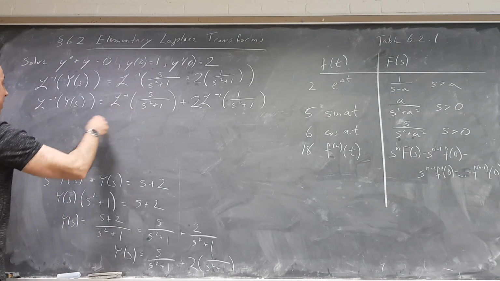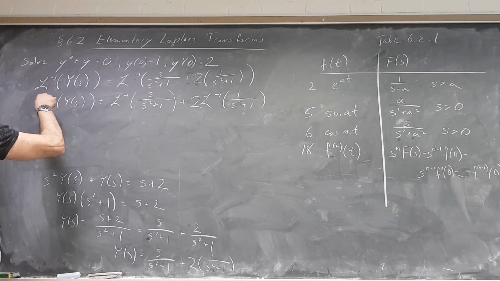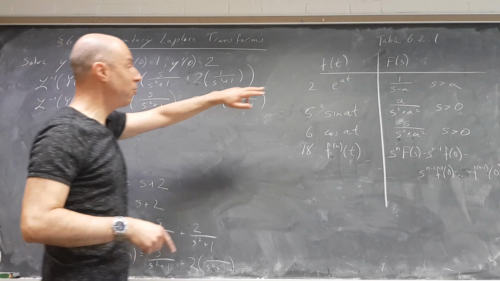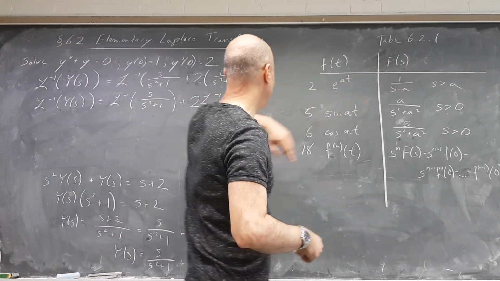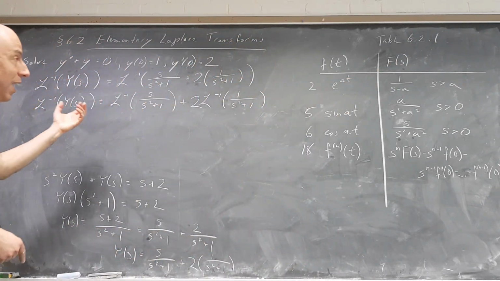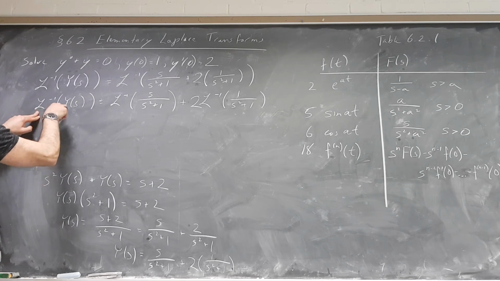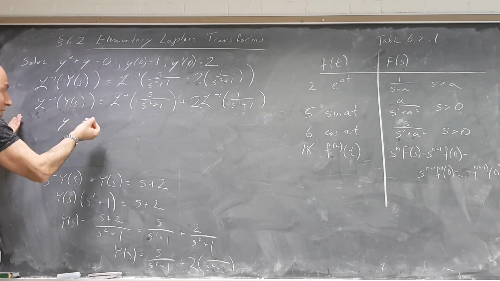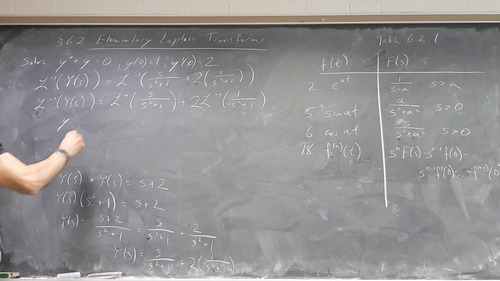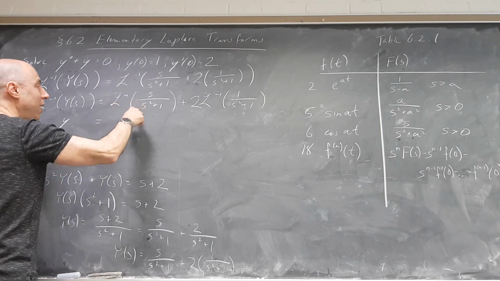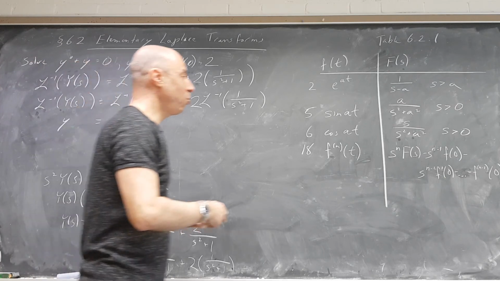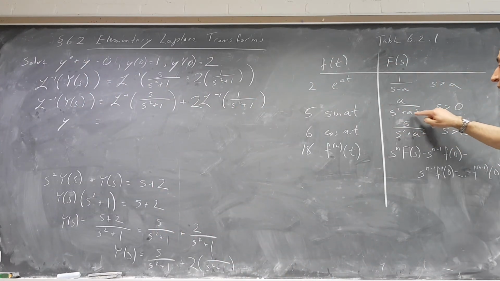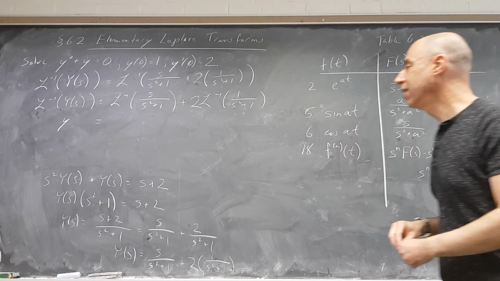And lastly, let's just go ahead and write our solution. The inverse Laplace transform of F of s would be little f of t. The inverse Laplace transform of capital Y of s is just little y of t. You can put the t in if you want. The inverse Laplace transform of this, let's just walk over here. We see that right there, a is equal to 1. This is cos t.